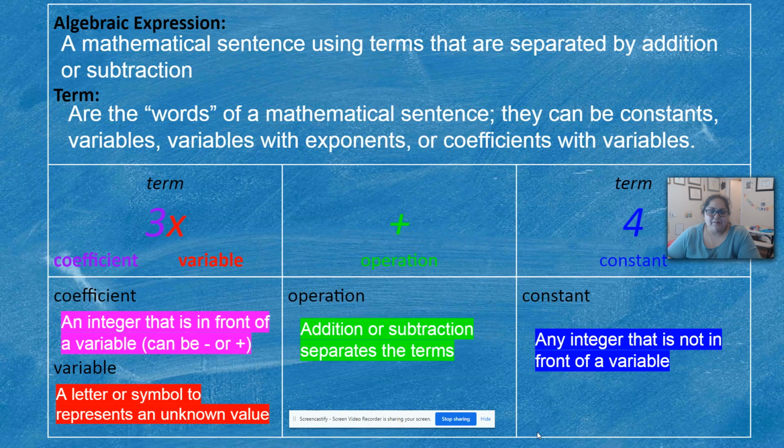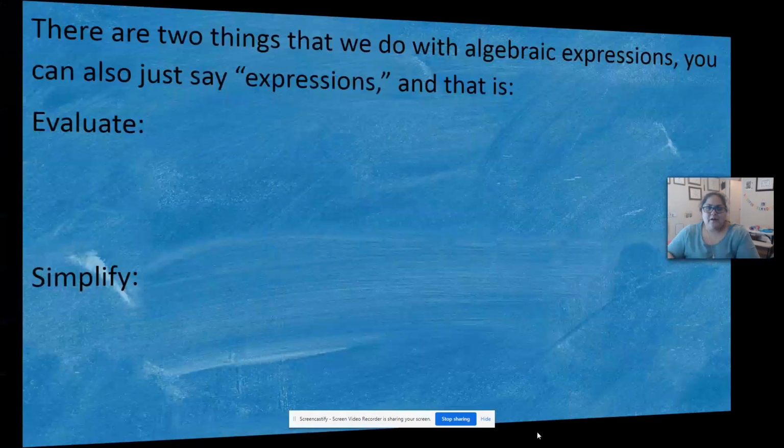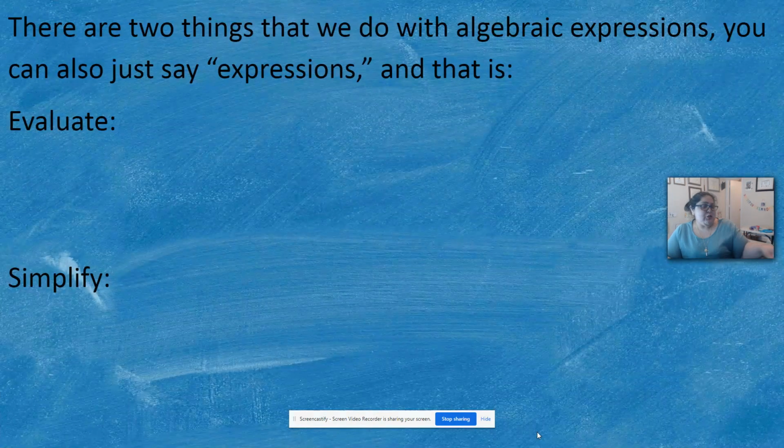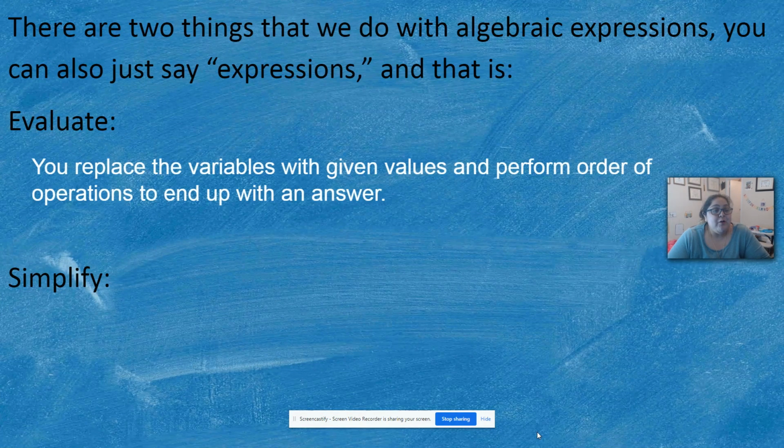That's a mathematical sentence. The next thing is that we're going to be doing 2 things to these algebraic expressions. Instead of saying algebraic expressions, we just shorten it and say expressions. We're going to evaluate. Evaluating means that you replace the variables with a given value and you perform order of operations to end up with an answer.